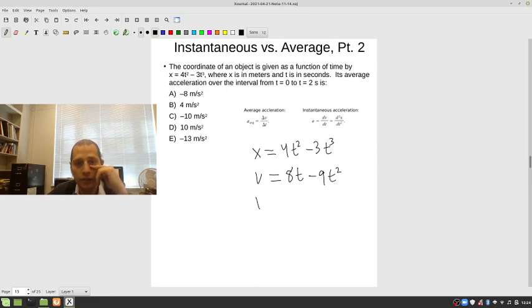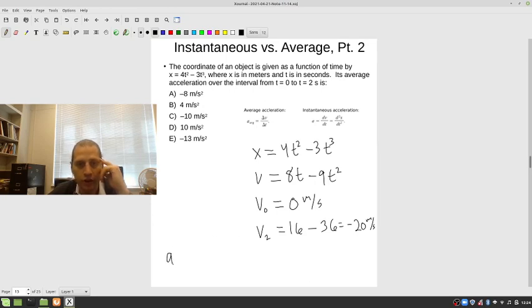And if I find my v at time equals 0, it would just be 0 meters per second. And if I had my v at time equals 2, it would be 16 minus 36 equals minus 20 meters per second.